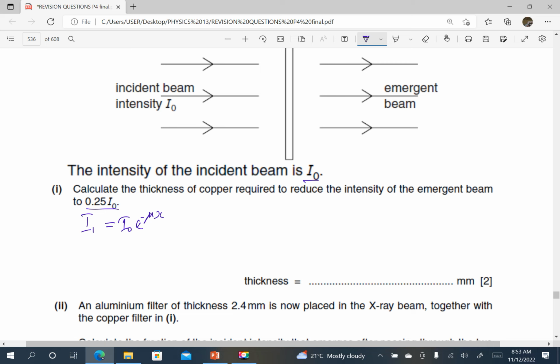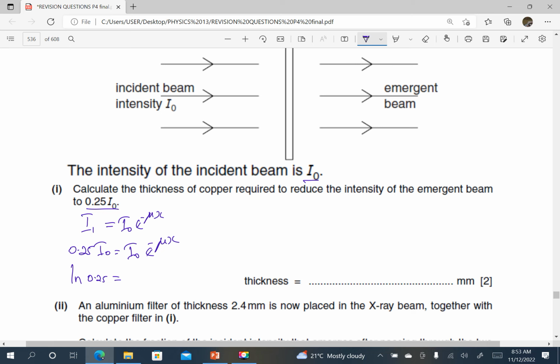So I'll just substitute: 0.25 I naught should be equal to I naught e power negative mu times x. We just solve this. I naught cancels, we introduce ln. So ln of 0.25 is going to be equal to, when I find ln of e power negative mu x, I only remain with the power.